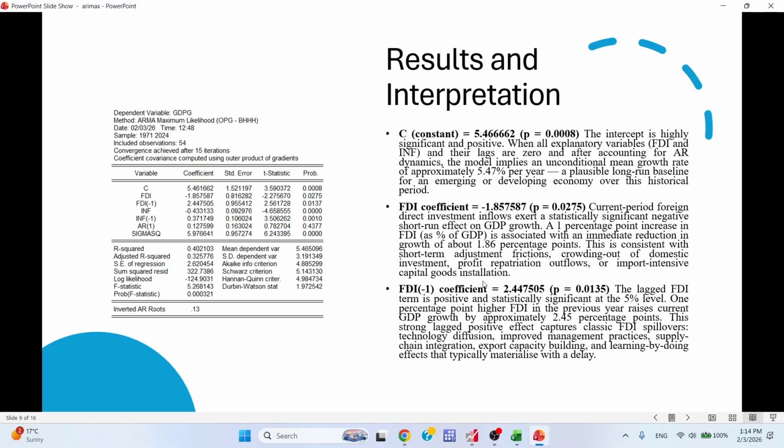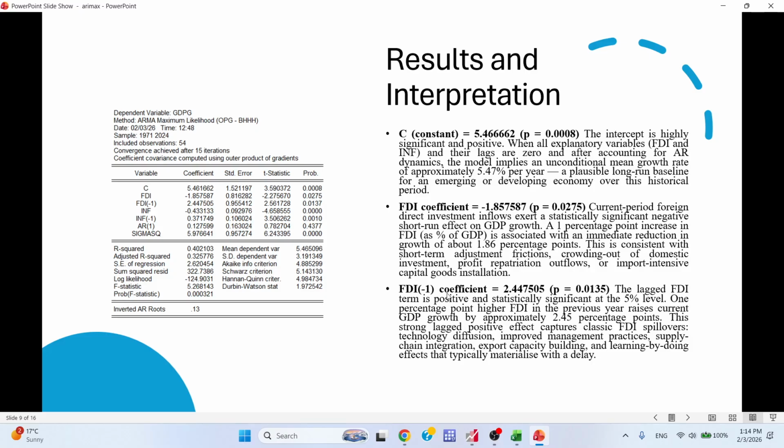There might be some other reasons according to the country, and it varies from country to country and environment. Then comes the FDI lag. FDI minus 1 means the lag of FDI with respect to the previous period. It is again showing a positive effect on GDP, and it is also significant as its p value is less than 0.05.